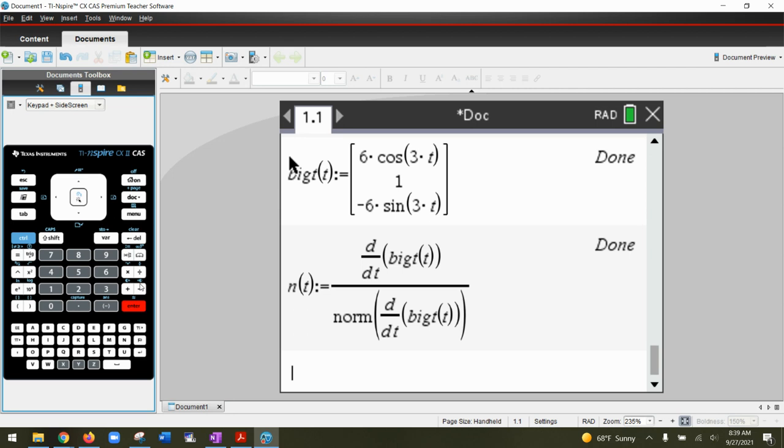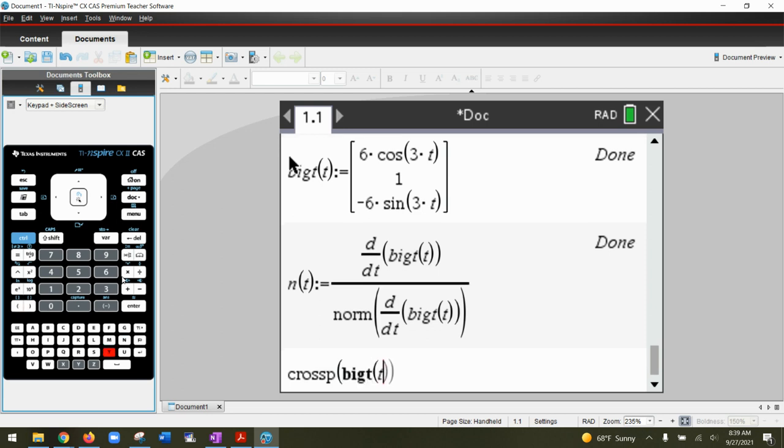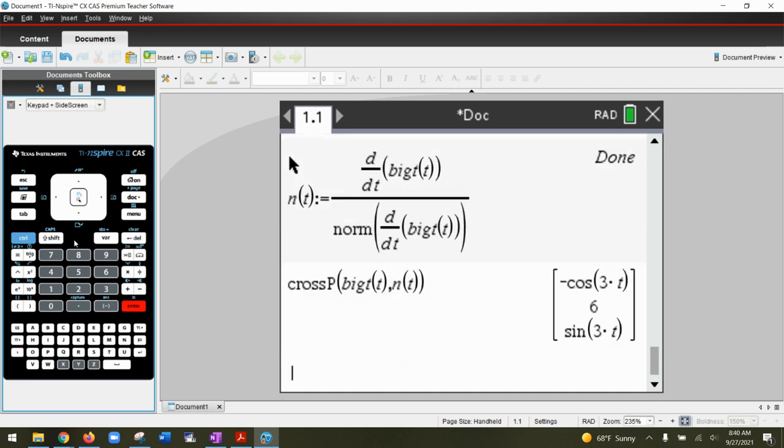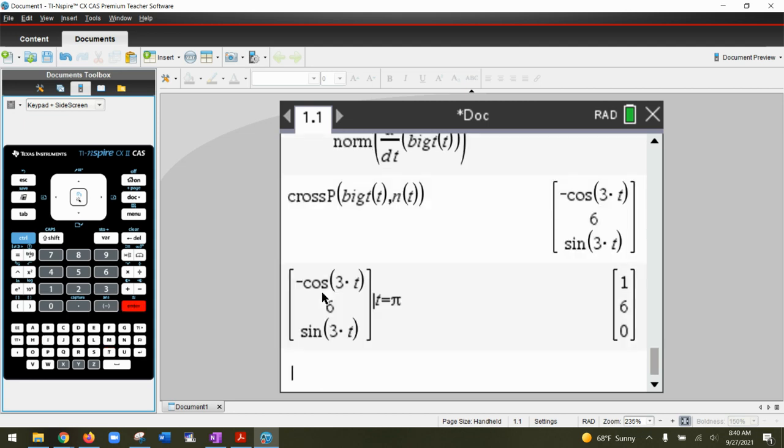And then we're interested in the cross product. The order really doesn't matter because we just want to use this vector for a plane, but I'll do it the way it's supposed to be. So B equals T cross N. So big T of t crossed with N of t. And if we evaluate that at pi, we have 1, 6, 0.